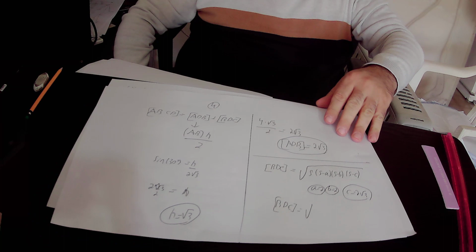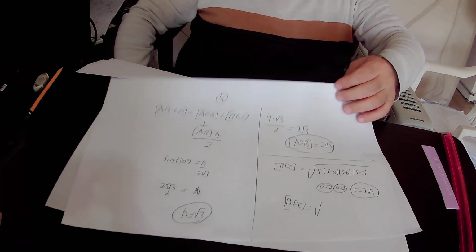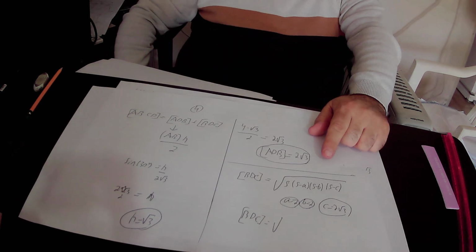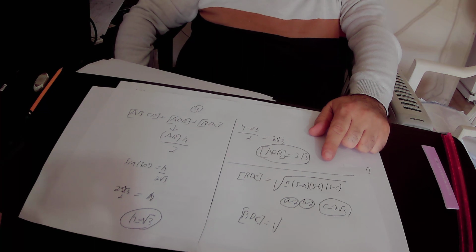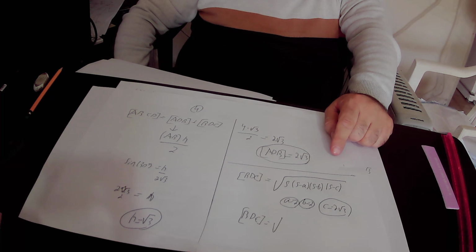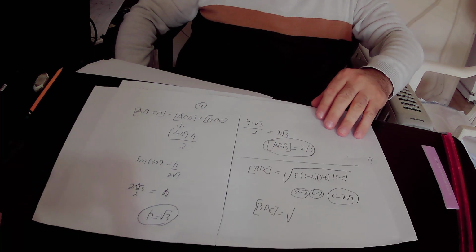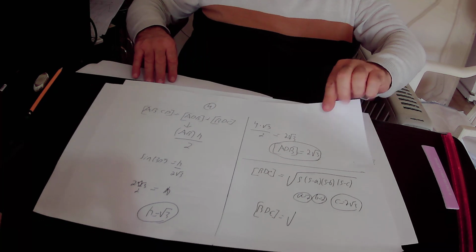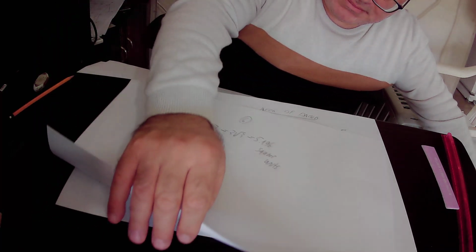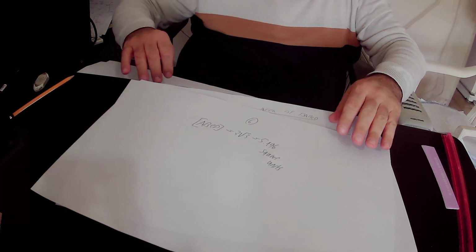And then we find the area of triangle BDC according to the special formula that the area equals the square root of S times (S minus A) times (S minus B) times (S minus C), where A, B, and C are the side lengths of triangle BDC, and S is the semi-perimeter of triangle BDC, that is actually the perimeter over 2.